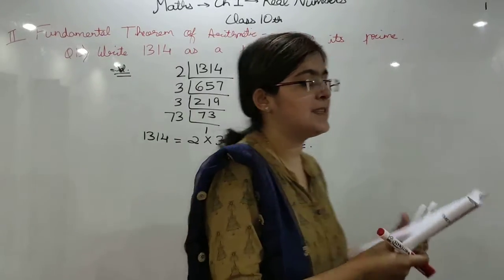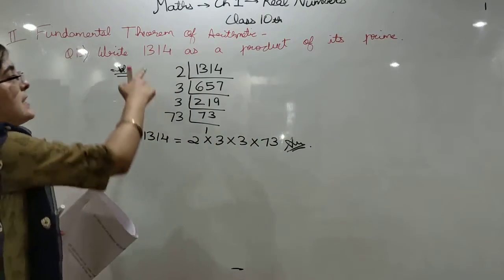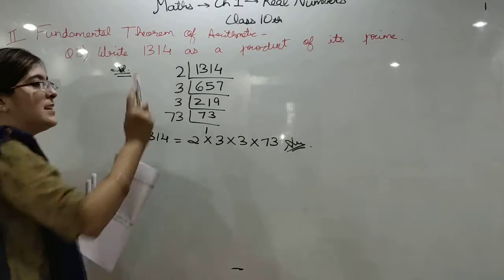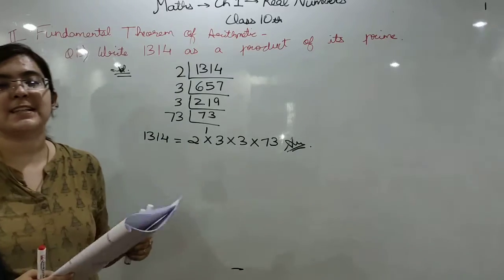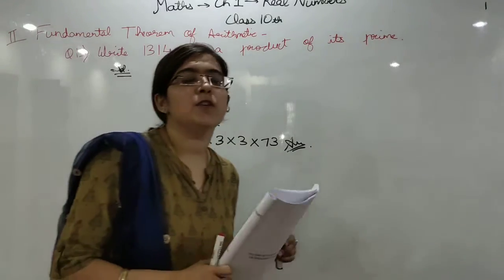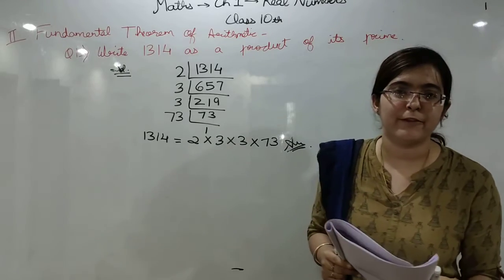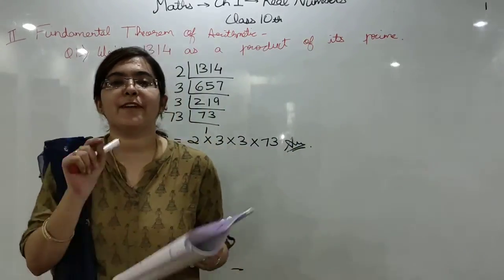After doing this, see question number 14. Question number 14 is the same as question number 13. Here only the number is changed. Now you have to find the prime factors of 2865. Clear? So pause the video and solve it right now.